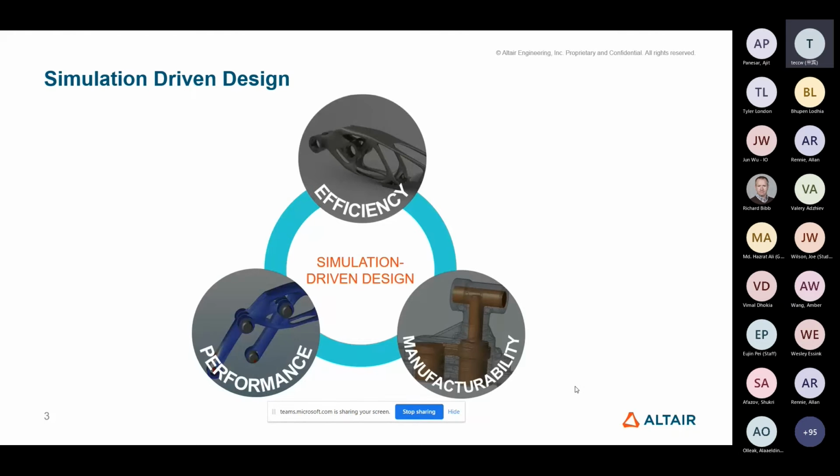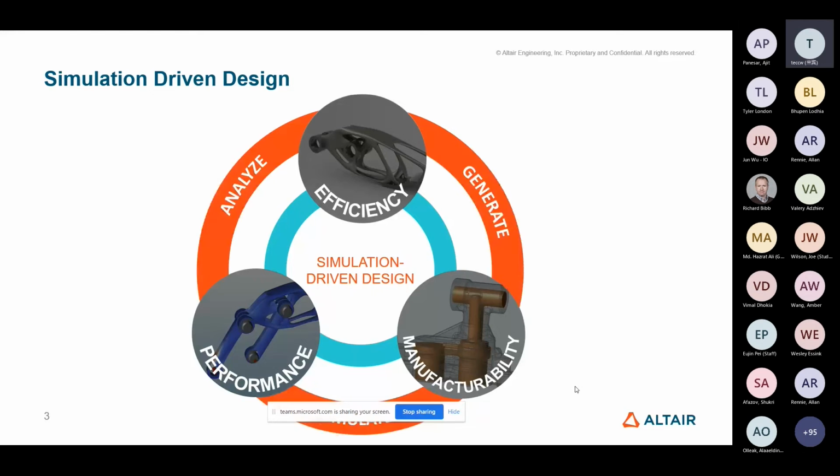Having access to the information that simulation can provide up front is really key to enabling the design engineer to create efficient, optimal, and manufacturable designs that meet performance requirements. And crucially, this technology needs to be made available without demanding expert knowledge from the design engineer in all of the different disciplines that they are going to be involved with in coming up with a design.